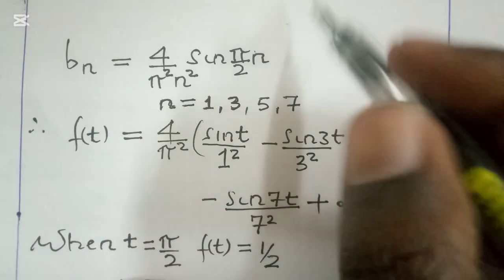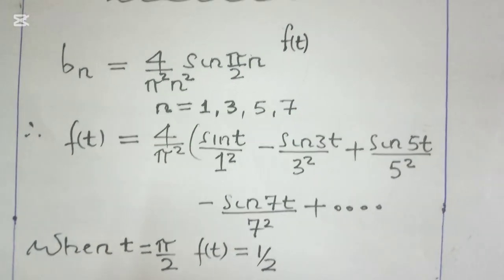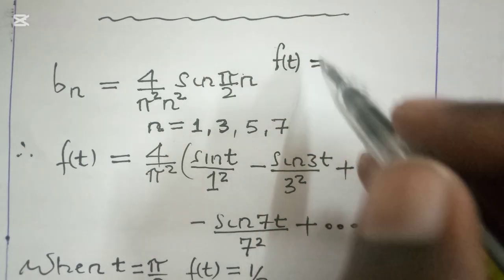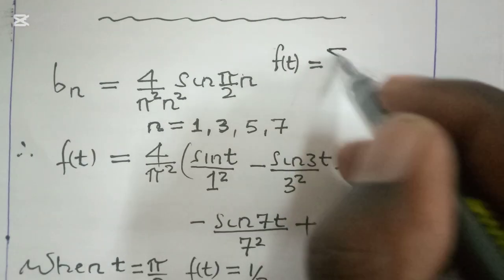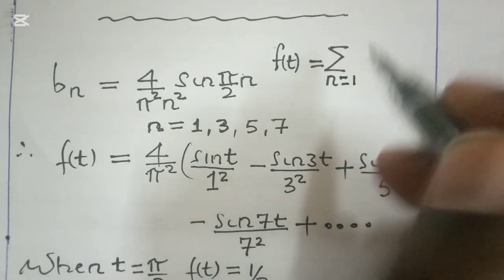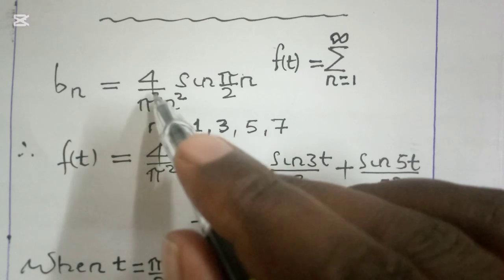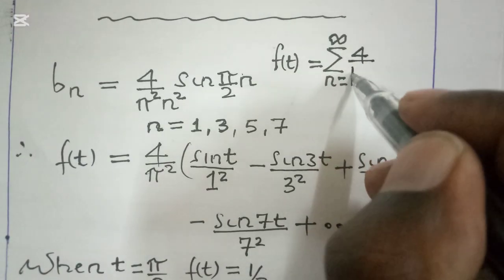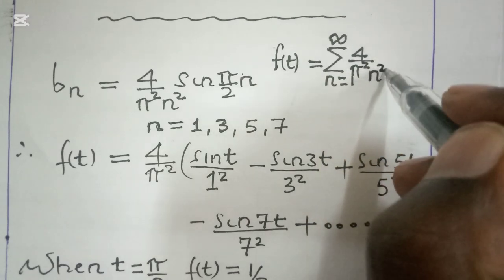Guys, this is what I mean. Our f(t), we write our f(t) here. We are going to have it being equal to the summation from n equals 1 to infinity of the bn, which is this, that is 4 all over pi squared n squared, like that.